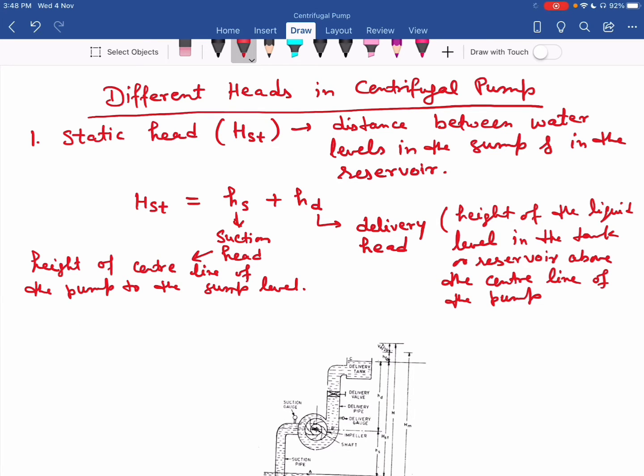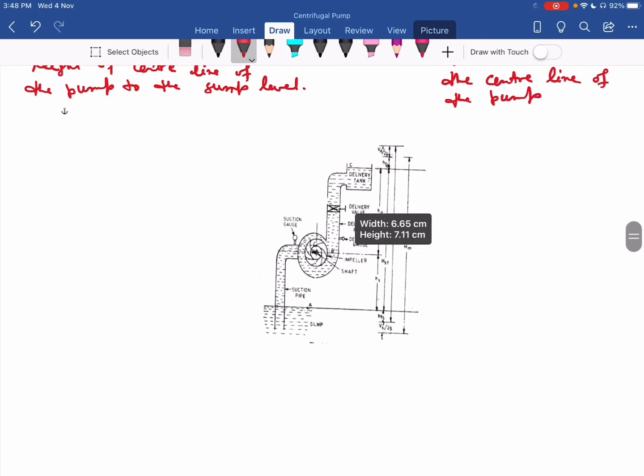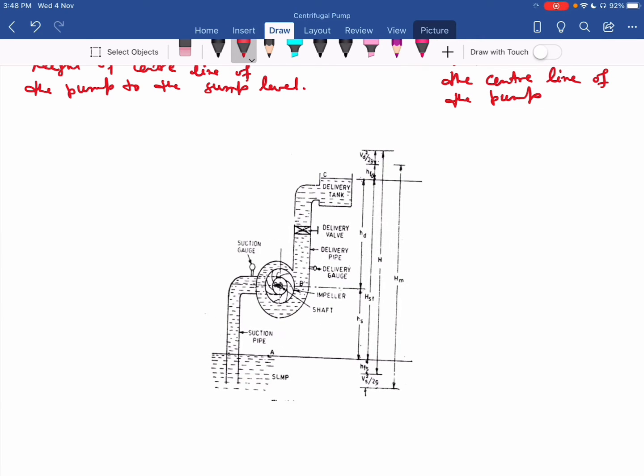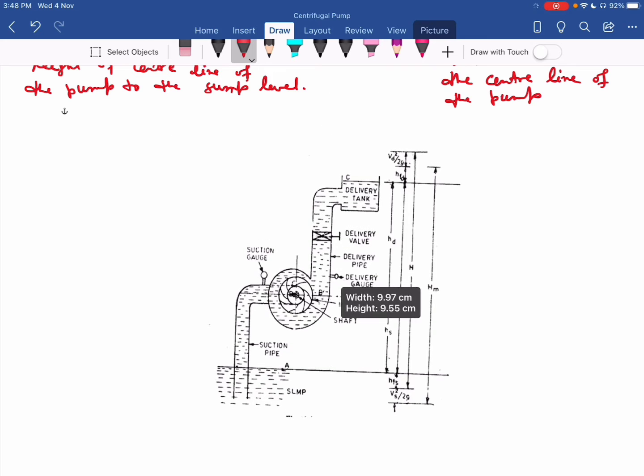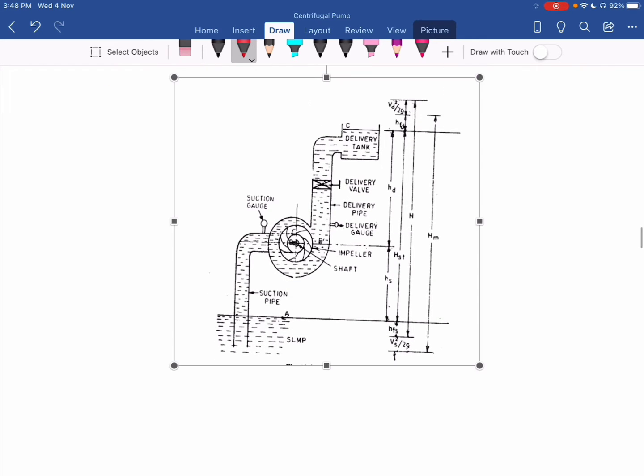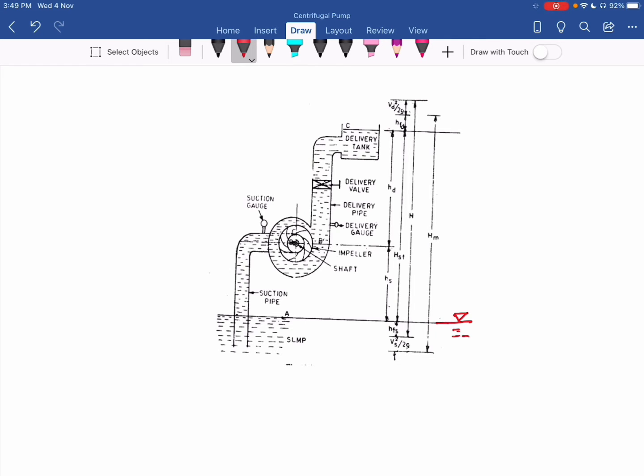Now you can see this diagram. So you can see in this diagram, now this is the sump level, okay, and this is the tank or reservoir level. This is the center line of the pump. So you can see here, this is HS suction head.